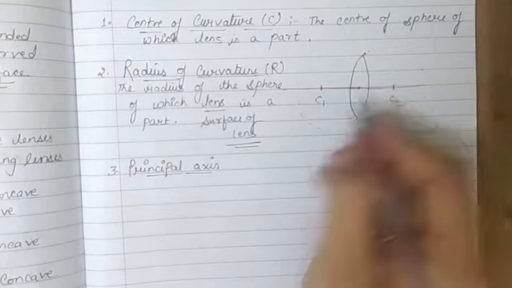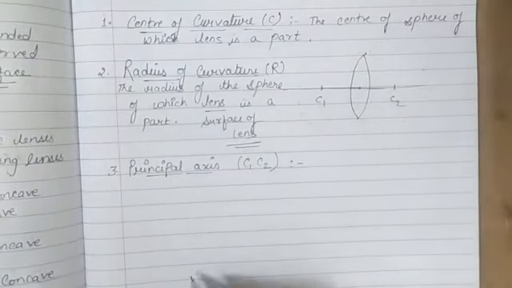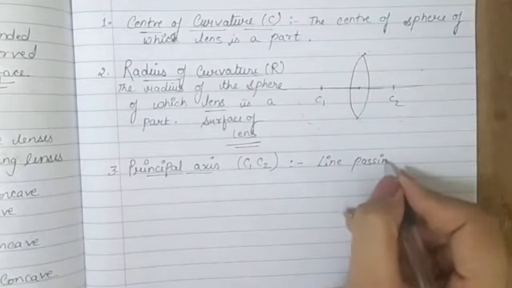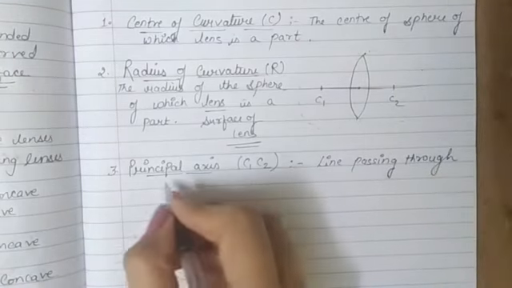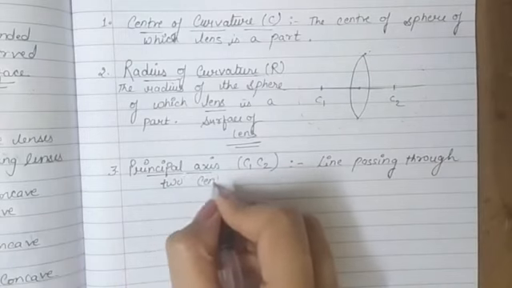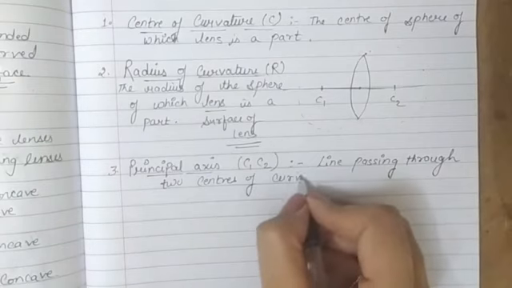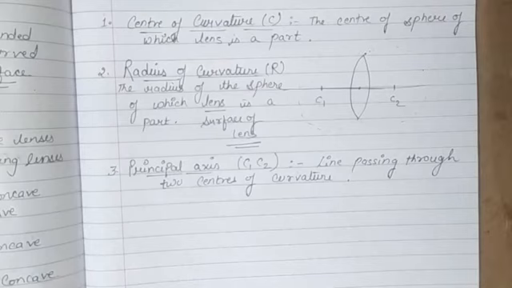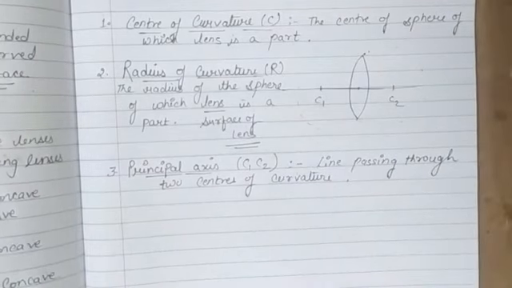Means the line C1 C2 is called principal axis, or we can say that the line passing through two centers of curvature of the lens is called principal axis. This is the third term that we have.